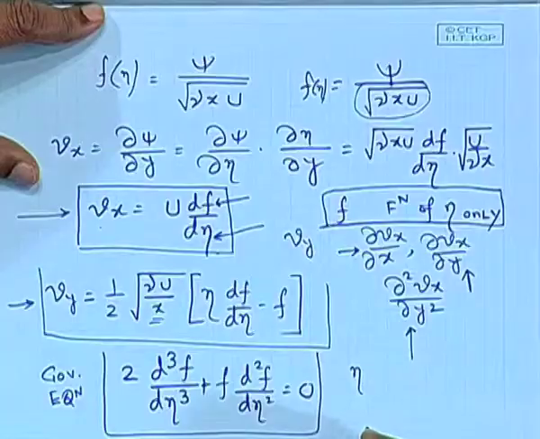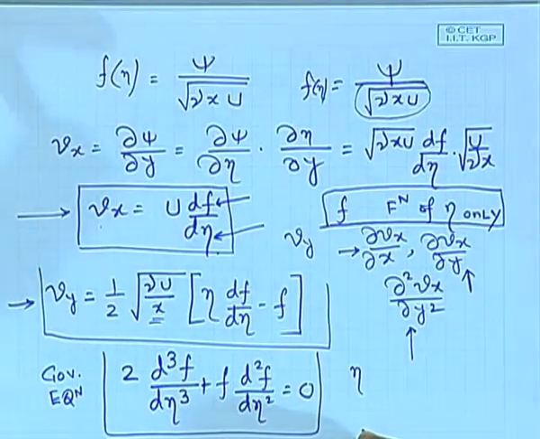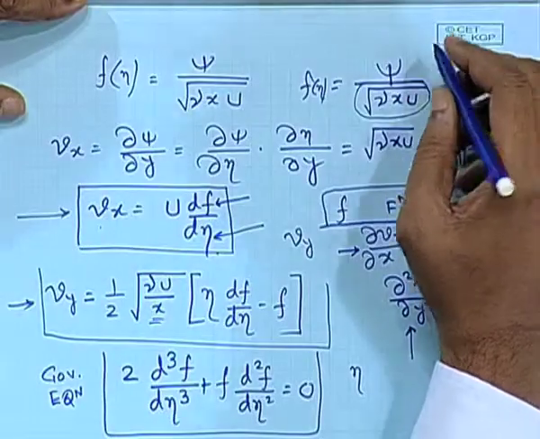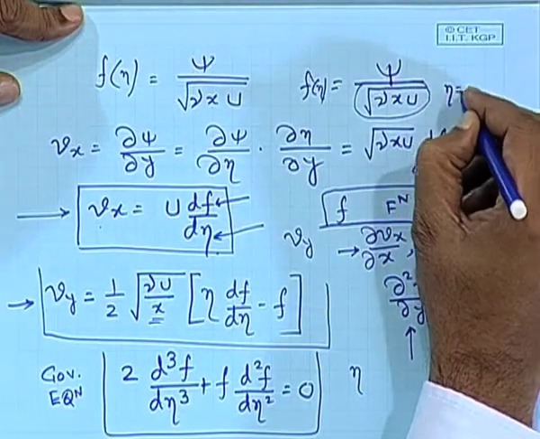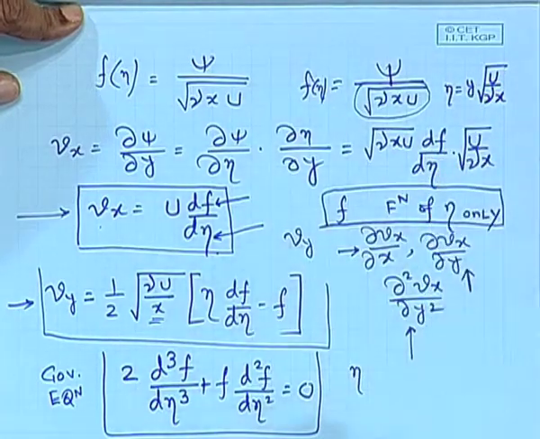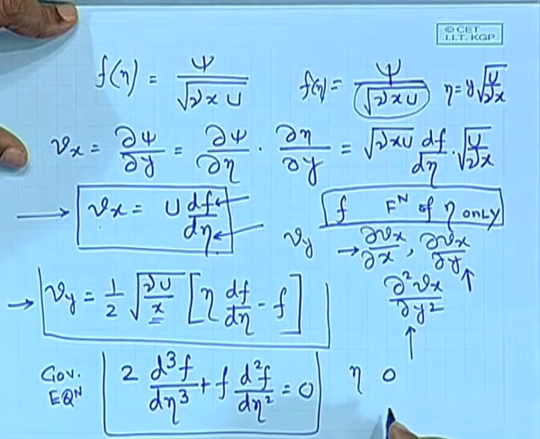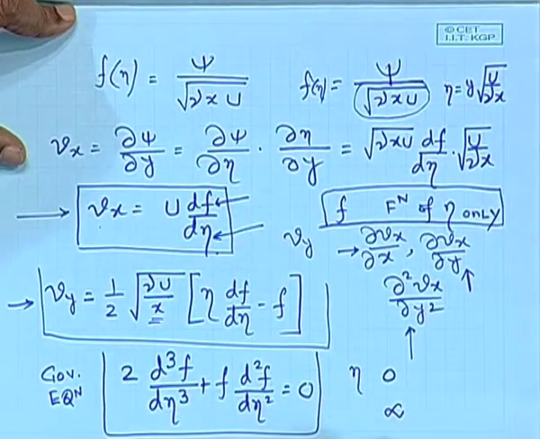So, I need three conditions to solve this expression. For some value of eta, I have to specify what's going to be the value of f. Now, what are the choices for eta? If you look at the definition of eta, which maybe I should write here as well, the choices for eta are obviously one at 0 and the other at infinity.